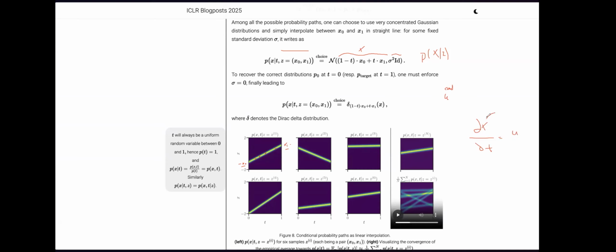So if you have access to conditional x given z, you have access to conditional u of x given z, and that's the derivative of this guy. The derivative of this guy is pretty easy to calculate. The time derivative of t times x1 is just x1. And 1 minus t times x0 gives minus x0.